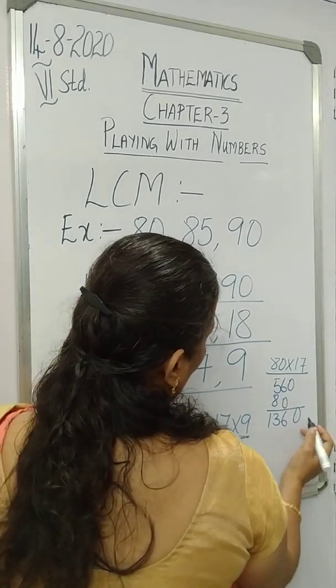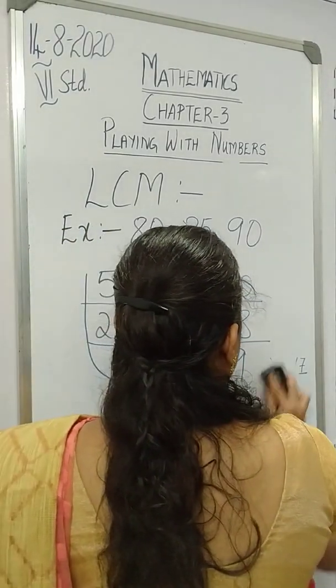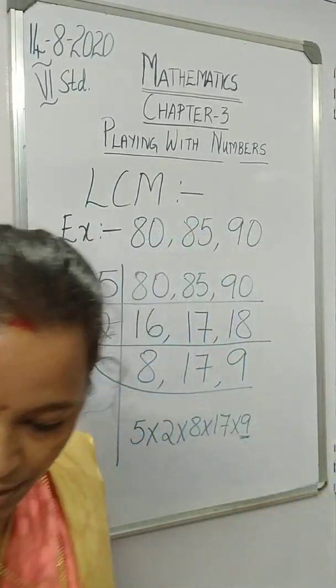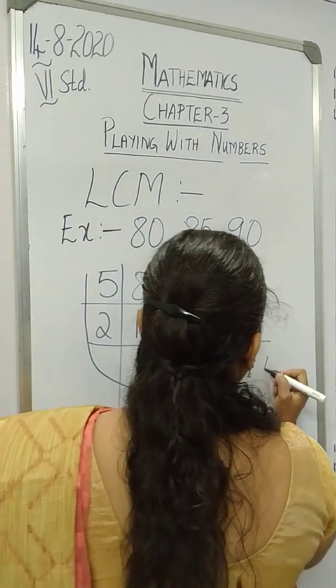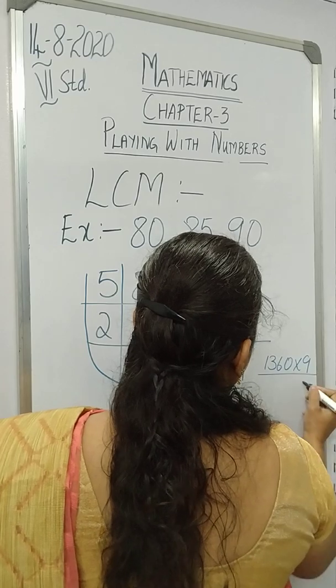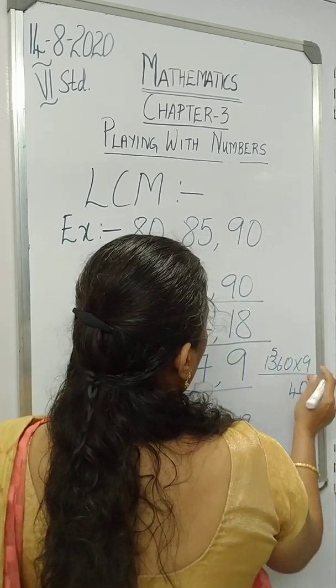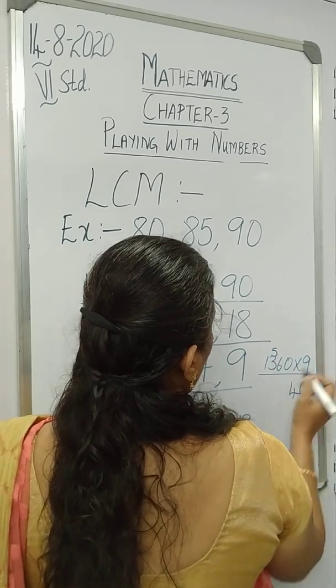Let us multiply now 1 3 6 0 by 9. Let us multiply 1 3 6 0 into 9. 9 zeros are 0. 9 6s are 54. 5 carry here. 9 3s are 27.